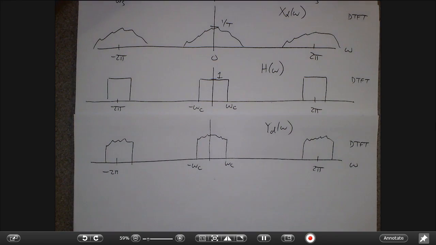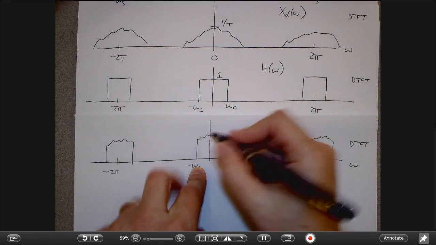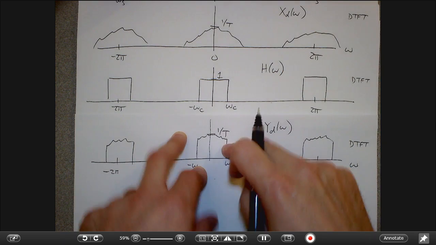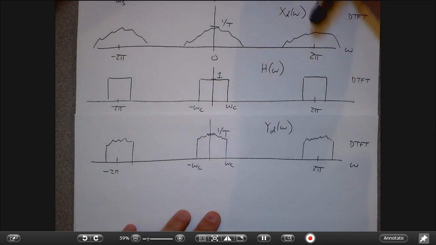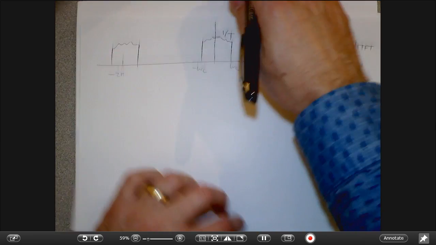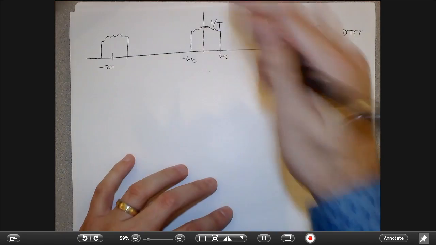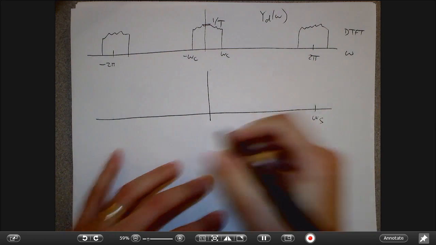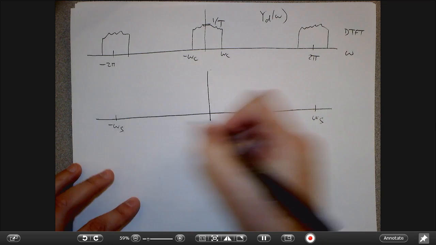Now, when I convert things back, I'm going to take this discrete time signal and turn it back into this, going from the stem plot to the impulses. The height of this is 1 over T, because 1 over T times this is 1. So when I expand it out again, the 2 pi's turn back into the sampling frequencies.